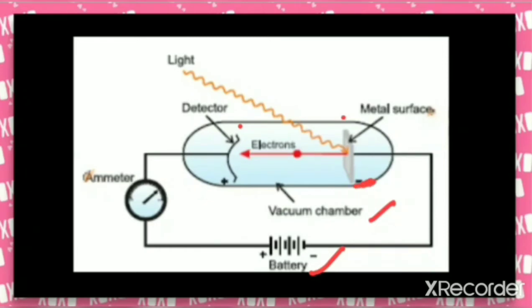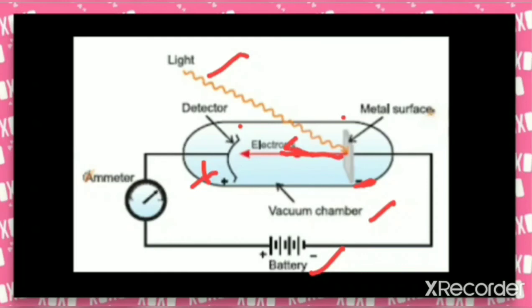When light of suitable frequency strikes the metal surface, it starts to eject electrons. These electrons, being negatively charged, move toward the oppositely charged, positively charged electrode. So there will be a flow of current through the circuit.